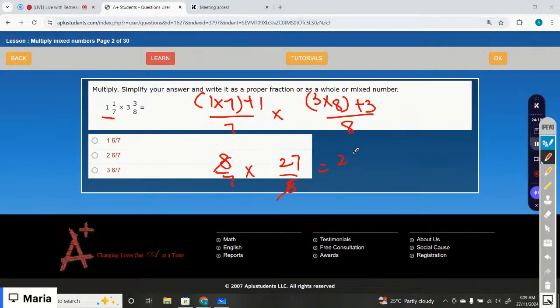We are left with 27 over 7. So just divide 27 by 7. 7 times 4 is 28. We can go for 7 times 3. 7 times 3 is 21. You have 6 here. That is 3 whole 6 over 7.